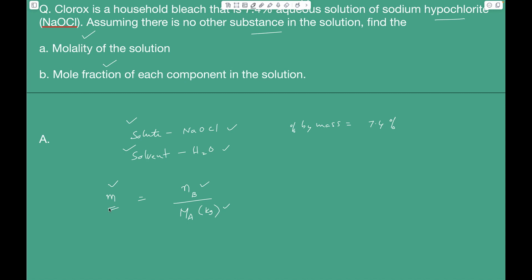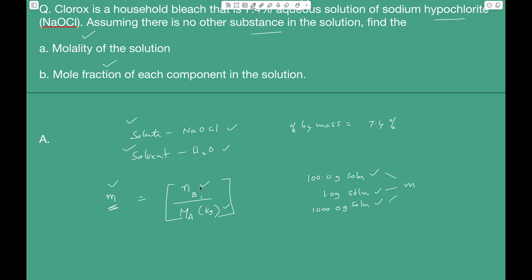Remember, the molality of a given solution is a constant. That is, this ratio is always the same irrespective of the amount of solution you have taken. Pay attention to this. Whether you take 100 grams of the solution or 1 gram of the solution or 1000 grams of the solution, if it is the same solution, then they will all have the same molality.